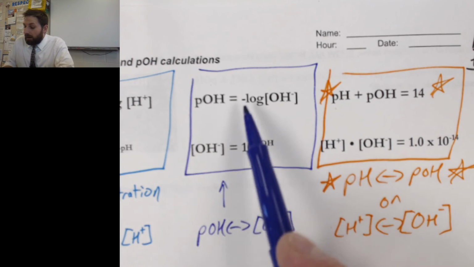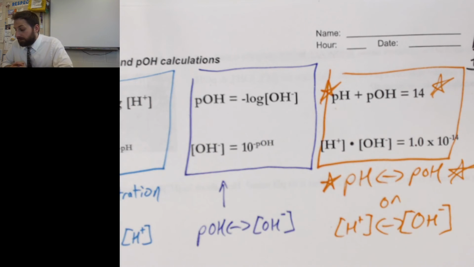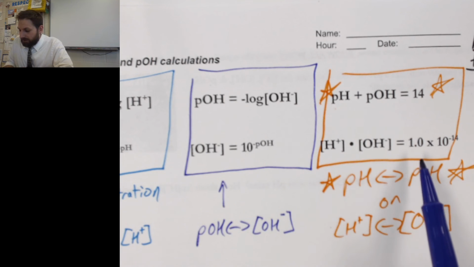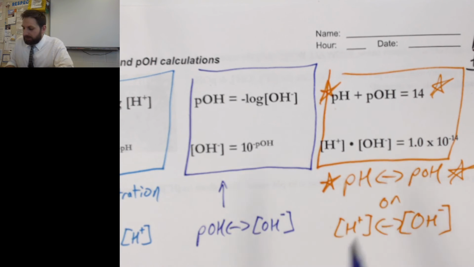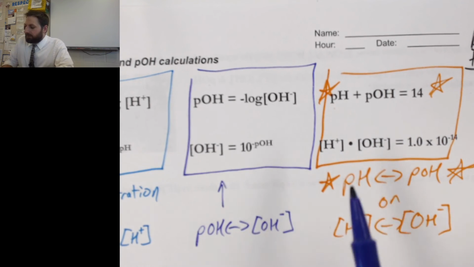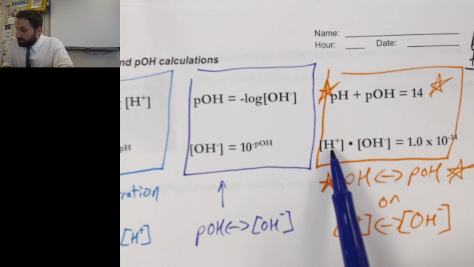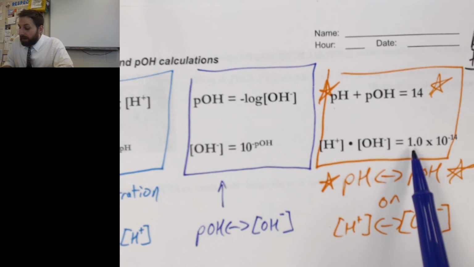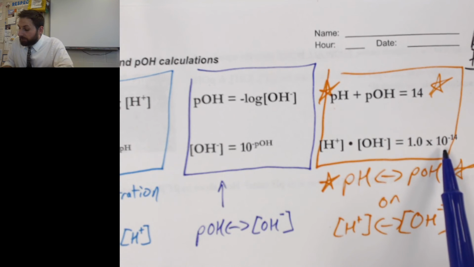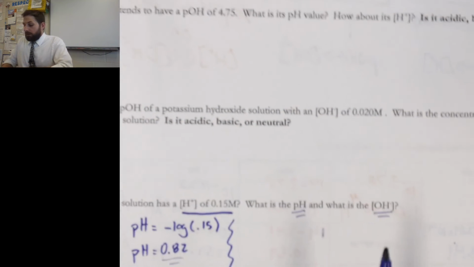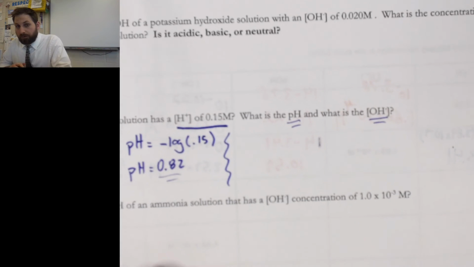So you see how all these equations are really interrelated to each other. I'm lazy, so I'm going to do this equation, which is not scary at all. You just type buttons on your calculator and hit enter. So if I'm solving for OH and I know my H plus, I'm going to end up dividing 1.0 times 10 to the negative 14 by that 0.15 from question number 4.